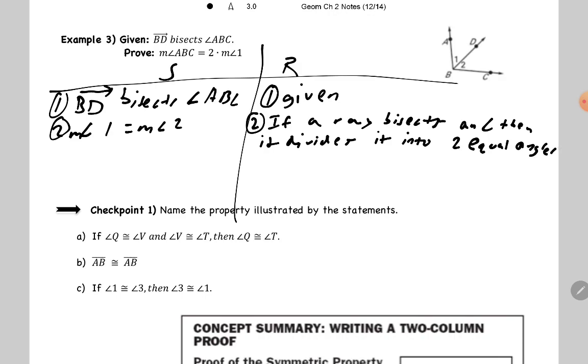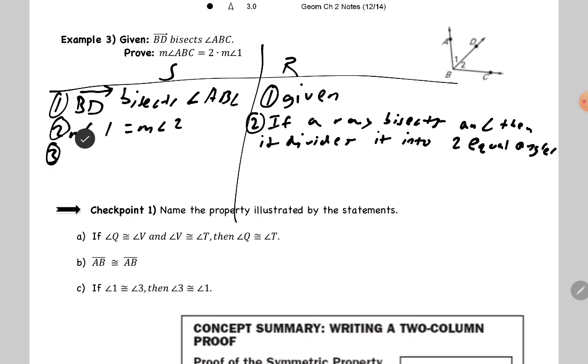Okay? Because that's the definition of bisect. And no, you can't just write definition of bisecting an angle. You got to write it all out. If a ray bisects an angle, then it divides it into 2 equal parts. So we have angle 1 equals measure of angle 2.